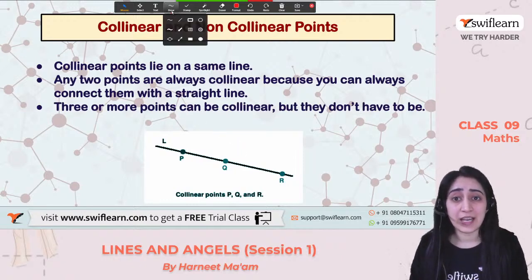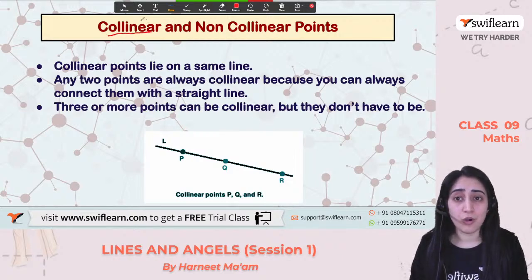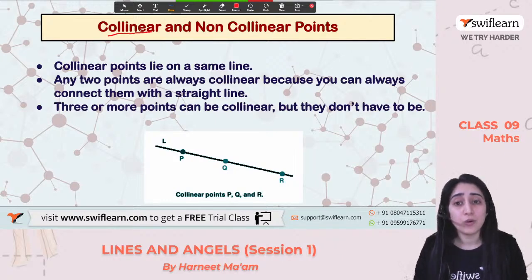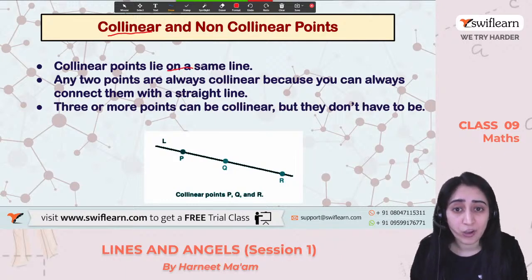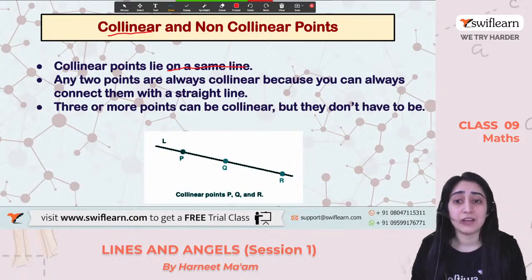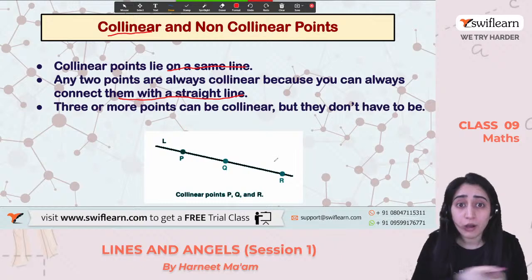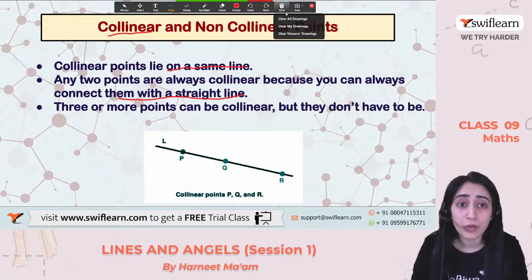The word line comes from this, okay? Collinear. So all of them are on the same line. They lie on the same line, and when I pass a straight line through these points, one line can pass through all the points, so that's why we call it collinear.